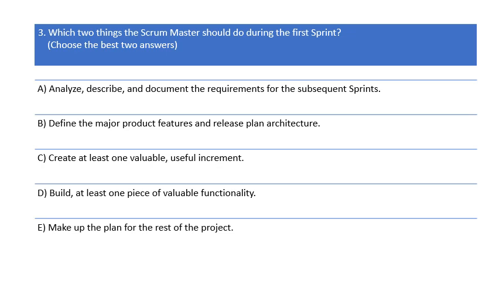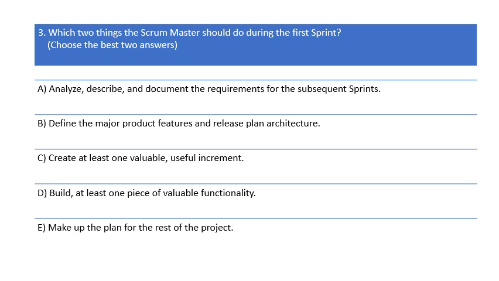Option C. Create at least 1 valuable, useful increment. Option D. Build at least 1 piece of valuable functionality. Option E. Make up the plan for the rest of the project.